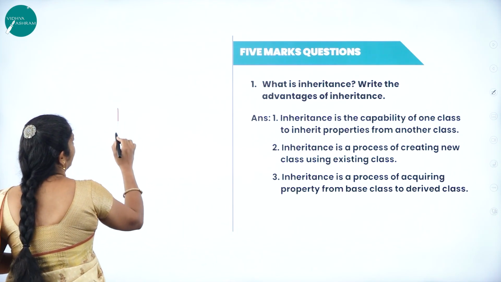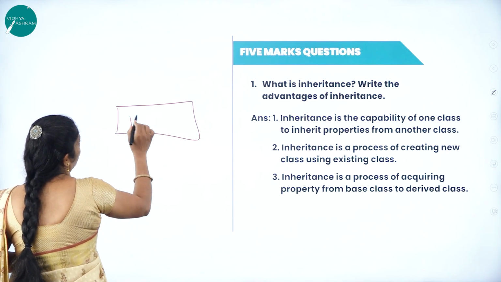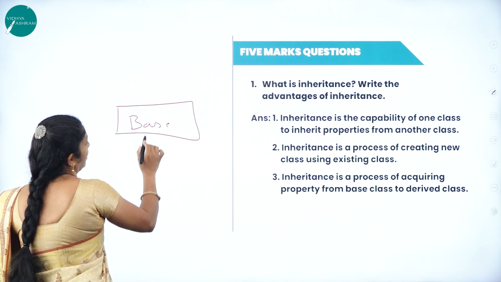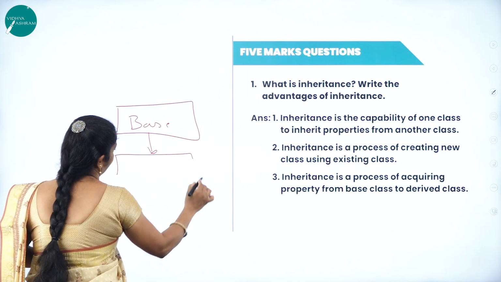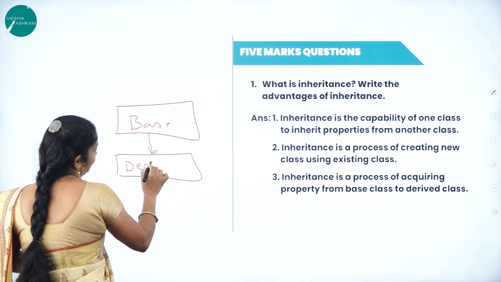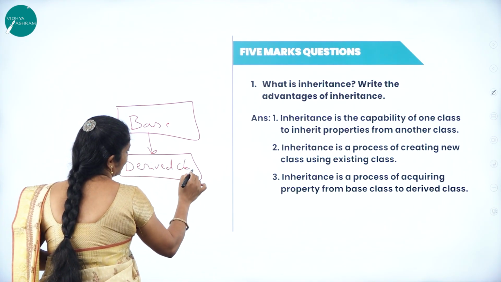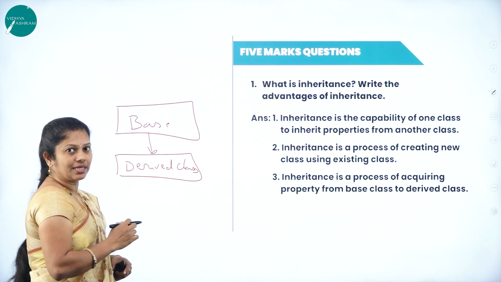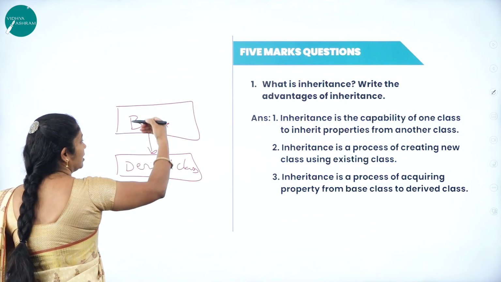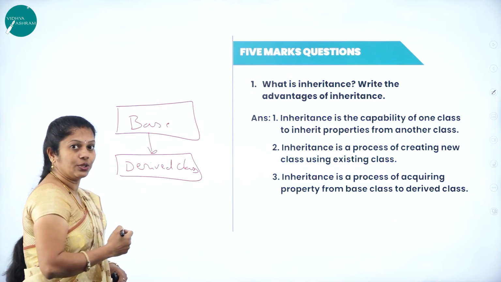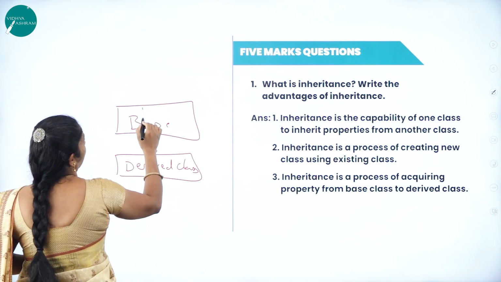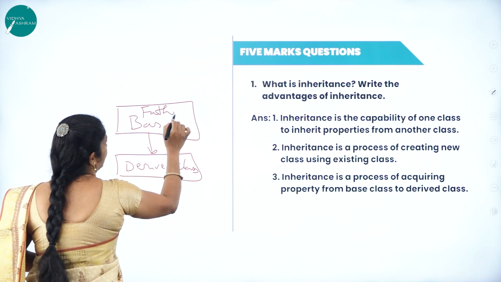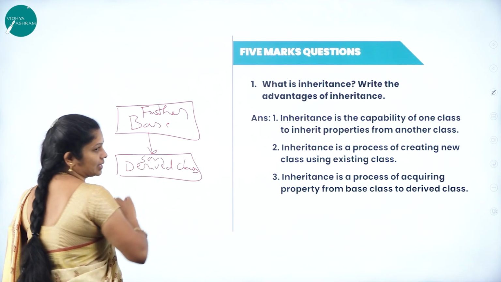In inheritance, consider we have a base class. From this one, a derived class we are creating. It means that the base class properties are transferred to the derived class. For example, father's properties are transferred to son.